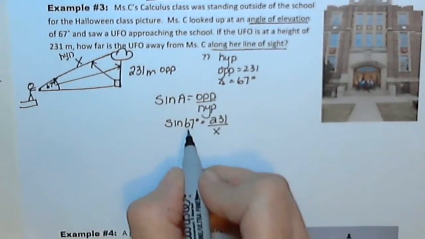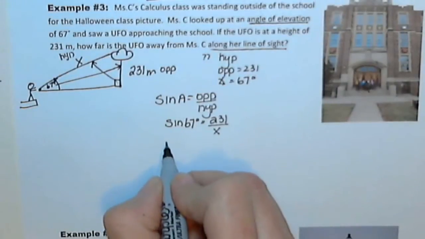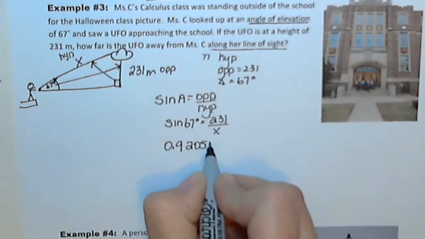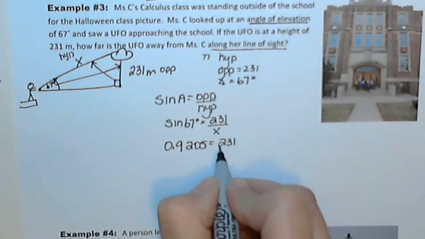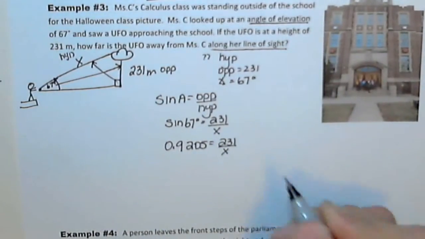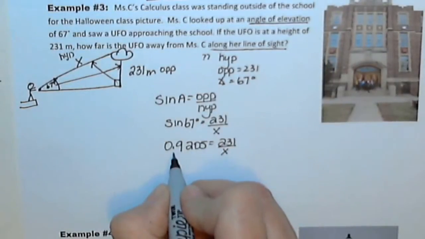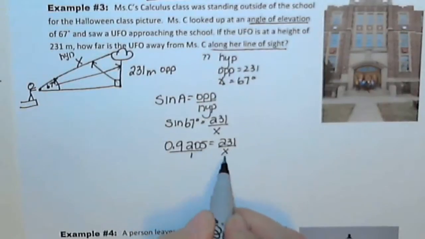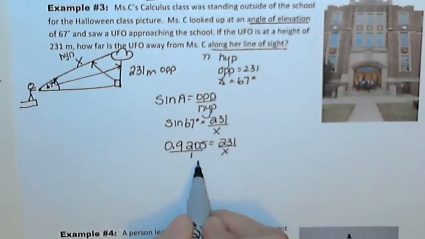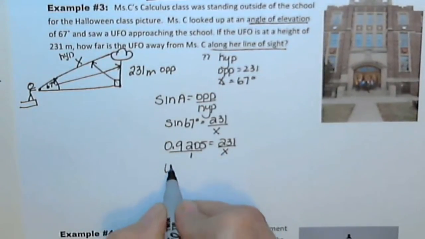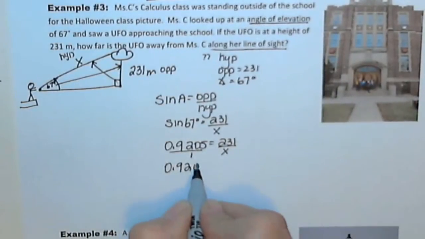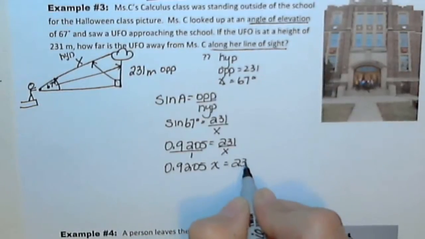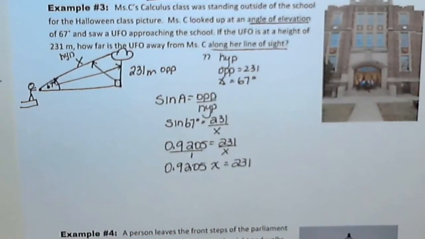Punching the sine of 67 into our calculator, we're going to get 0.9205 is equal to 231 over x. Our little trick comes into play. We put this over 1, and we cross multiply. These two guys equal these two guys. So 0.9205x is equal to 231 times 1, which is 231.